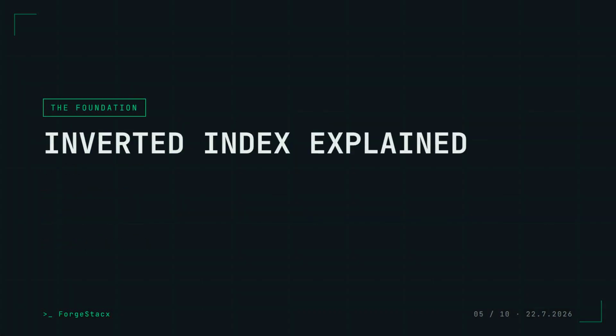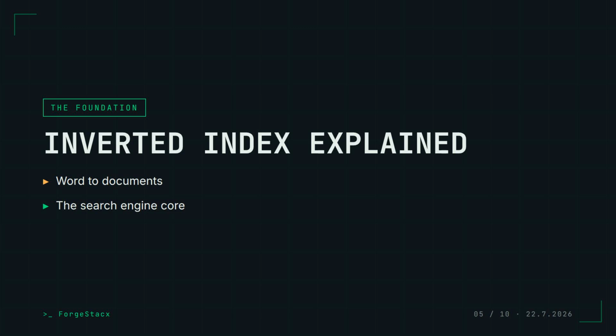Let me explain why the inverted index is such a big deal. In a regular database, if you want to find documents containing a specific word, you have to scan through every single document one by one. That gets slow fast. An inverted index flips this around. It creates a mapping where each unique word points to a list of all the documents that contain it.